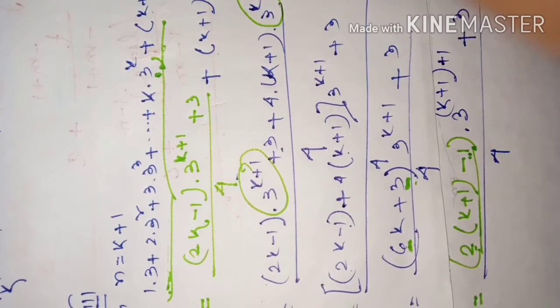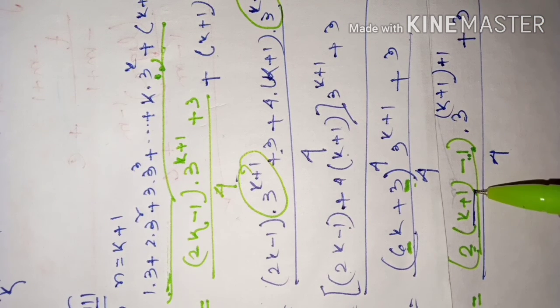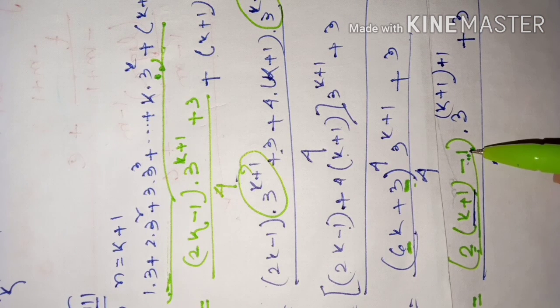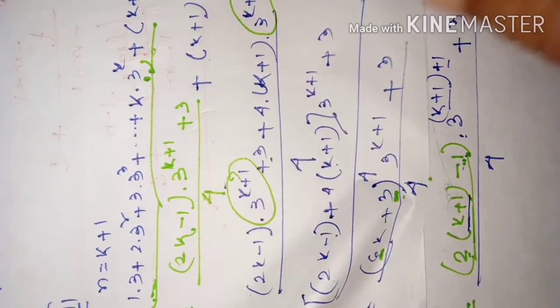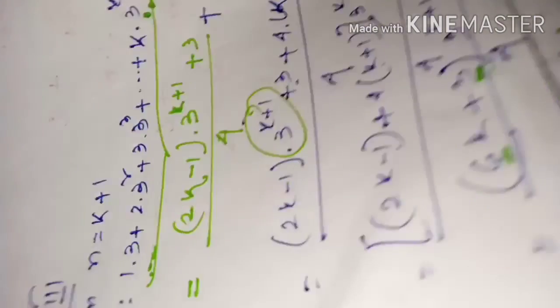Similarly we are getting here also: 2 into k plus 1 minus 1, and 3 to the power of k plus 1 plus 1, because comparing with the original expression, we are getting this way. So we are getting exactly the given expression.